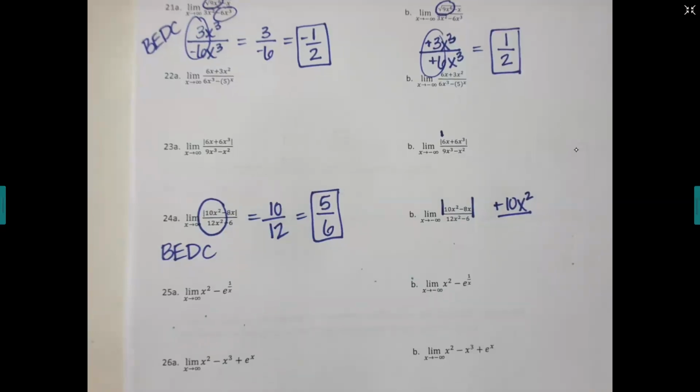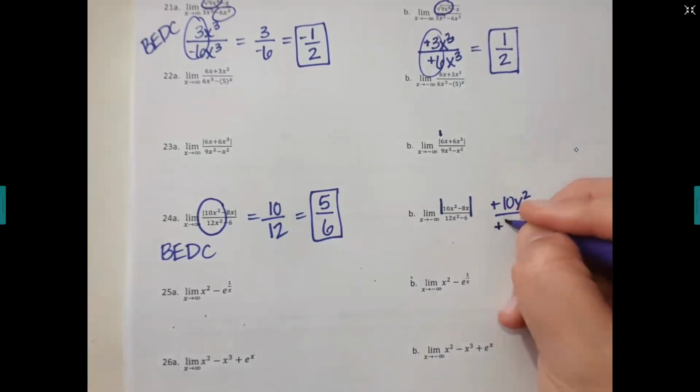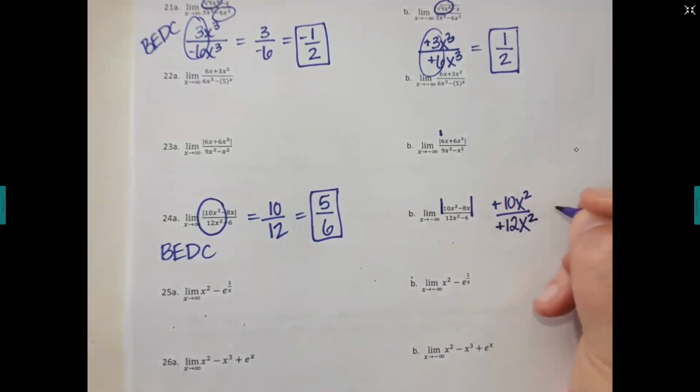Okay, but then when I take my negative on the bottom and I plug it into a squared, will it get to keep its negative? No, remember, even powers are always going to come out positive. So if I do a negative infinity into a squared, my 12 also comes out positive. And when I divide 10 and 12, I'm still going to get 5 over 6.